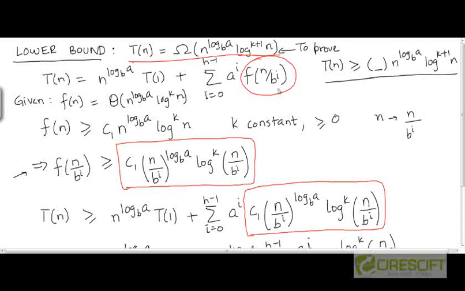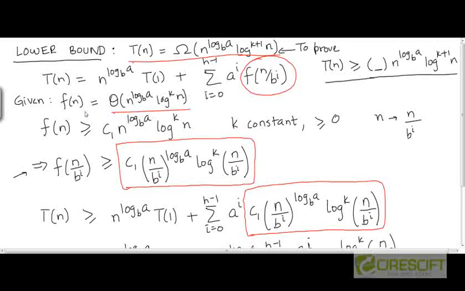We used the given information that f of n is in theta of n to the power log base b of a times log to the power k of n, which is what the generalized version of case 2 of Master Theorem says about the relationship between f of n and n to the power log base b of a.